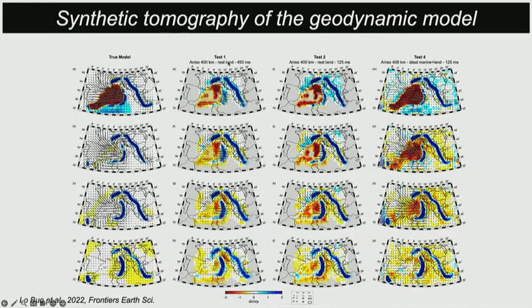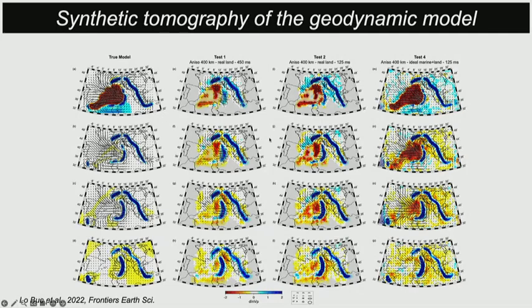Now, this is the result where we put in some noise, 450 milliseconds. And you can see that the shape of the slab, the fast anomalies, are reproduced quite well. In this case, actually, we have used the same teleseismic event distribution and seismic station array as in the real experiment, as in nature, right?